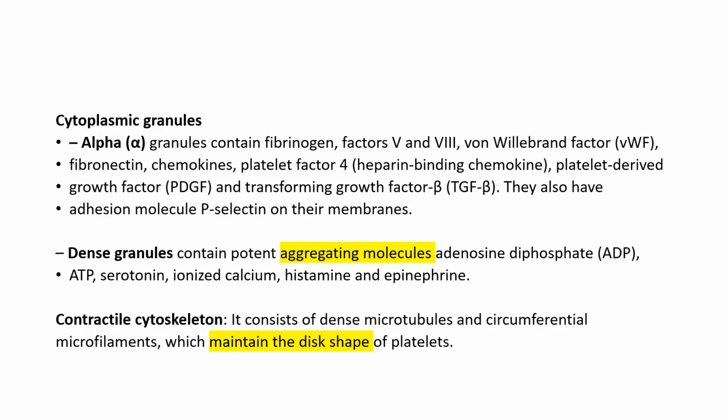So we have mentioned this already. The third important component that is found in the platelets is the cytoskeleton. They are contractile, and the function of this is to maintain the disc shape of the platelets.